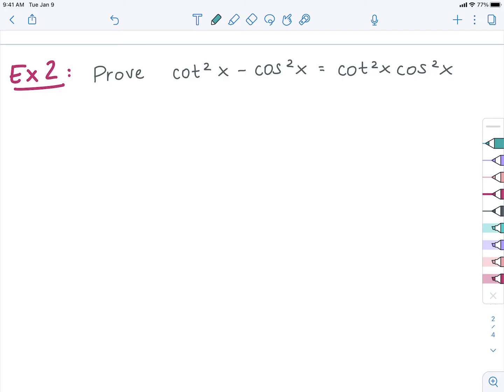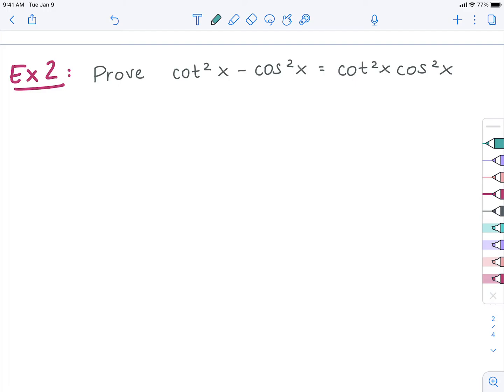This isn't like when we're solving an equation and we want to do the same thing to both sides. This is, we're looking to actually prove that the left side is the same thing as the right side. So we only want to work with one equation. We don't want to actually move around both sides.